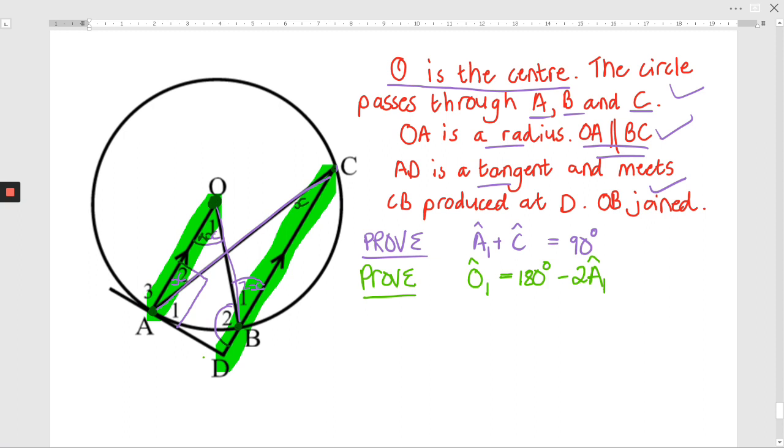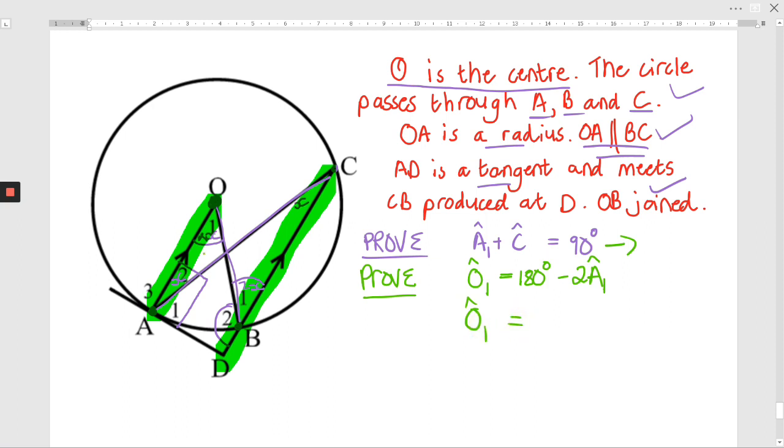For the next one, I'm leaving up what I answered in purple, the A1 plus C equals 90, because I think I'm going to use it again. I know this question will scaffold, so I'm expecting further use. The second thing I've got to do is prove that O1 equals 180 minus 2 of A1. So I'm going to look at what O1 equals.